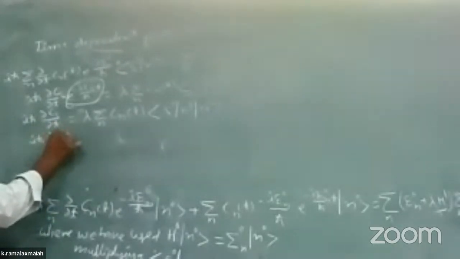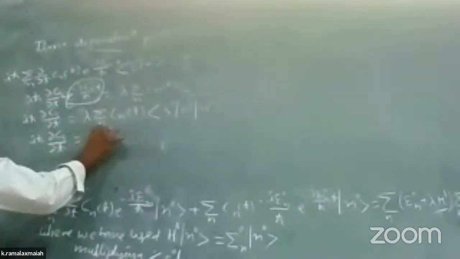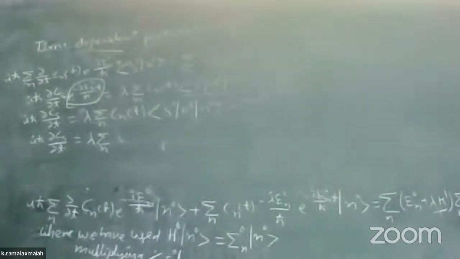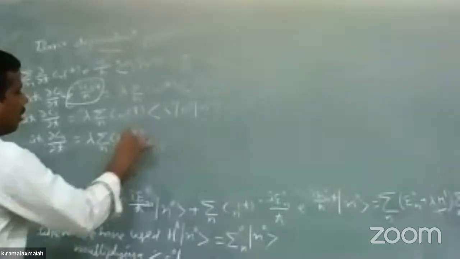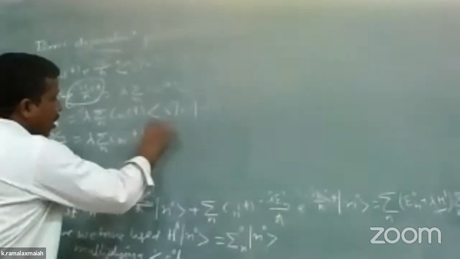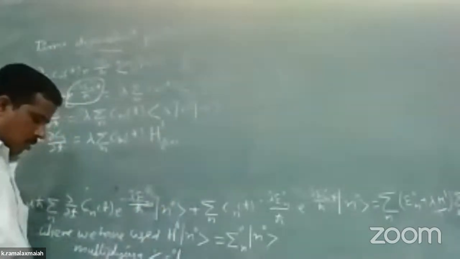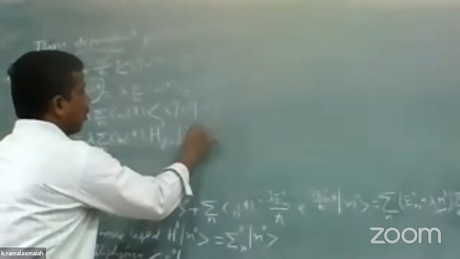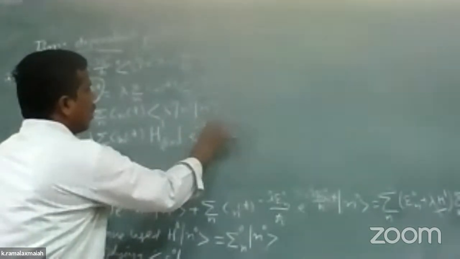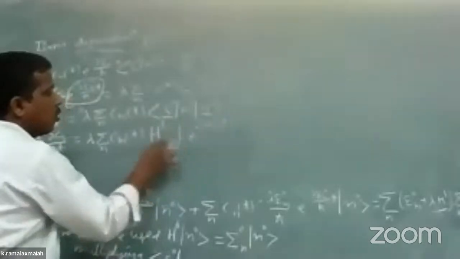iħ ∂Cs/∂t = λ Σn Cn(t) H'sn e^(−iωsn t). Here Sn means this sum, S and N values; both are functions.